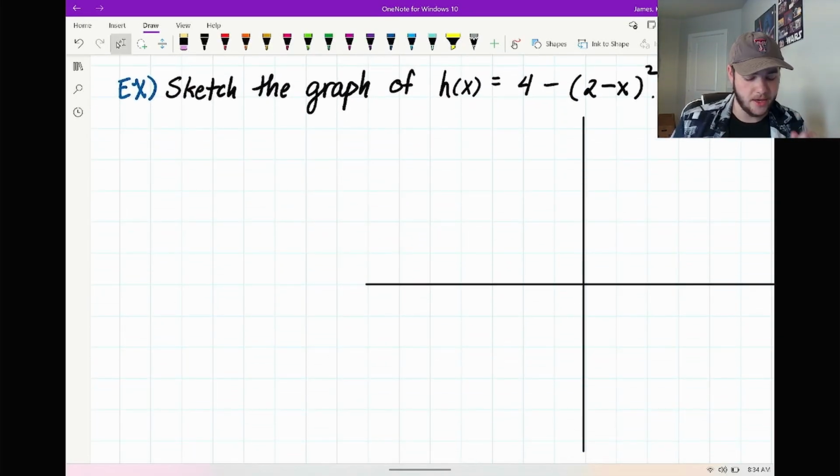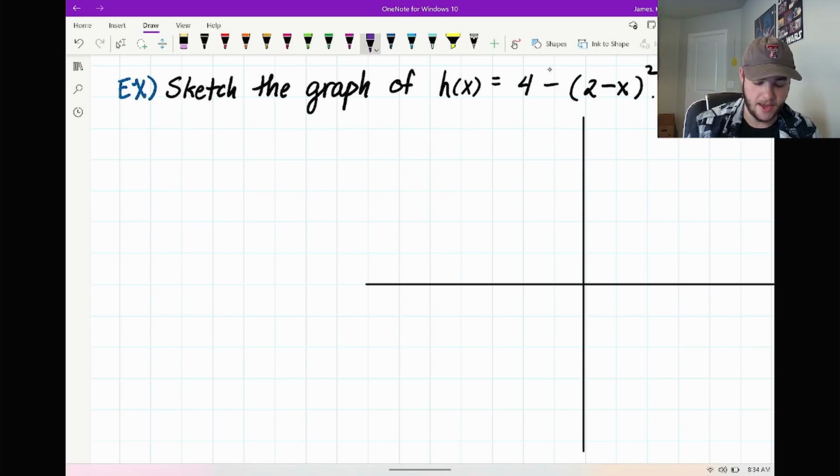I'm going to let you guys try one on your own. Notice that there's a few things going on here. I've got a constant on the outside, that means I'm going to shift vertically. I've got a constant on the inside, so that means I'm going to shift horizontally.